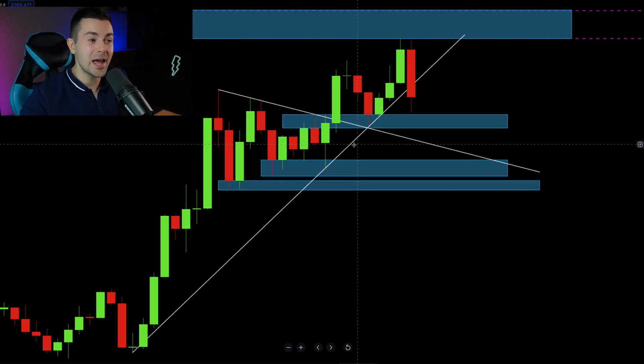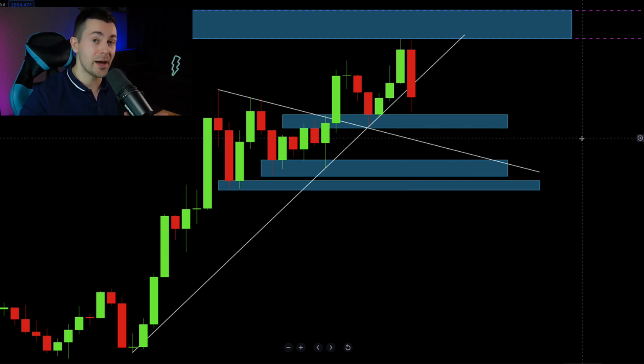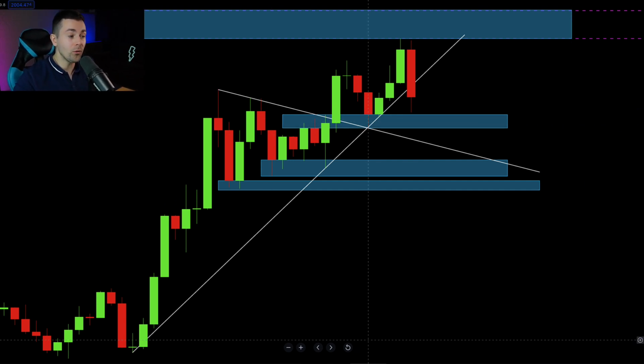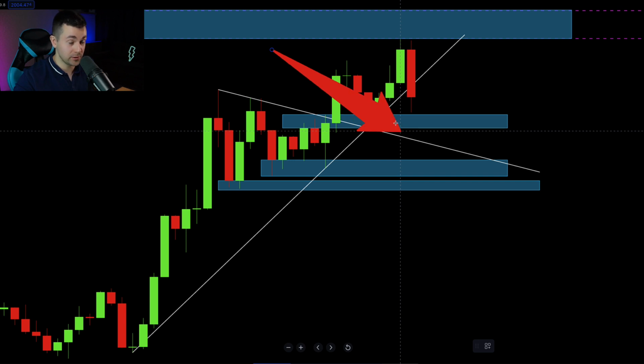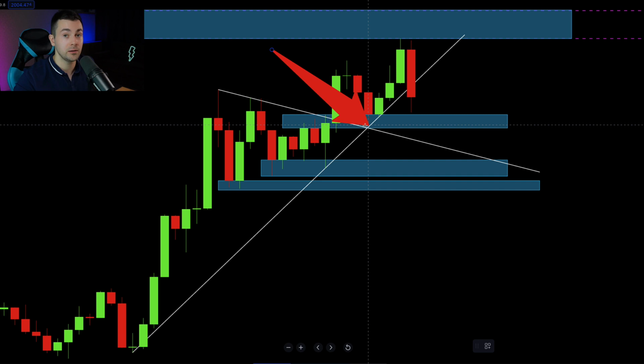Then over here, traders, it is very important for you to realize that occasionally it is better to perceive the vertical structure and the horizontal structure as the zone of confluence. Over here, traders, we have this falling trend line. Yes, that was a very strong resistance in the past, and that turned into support after breakout.